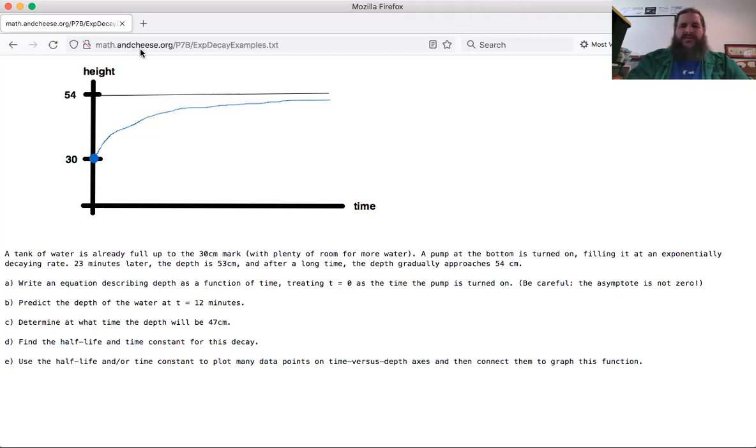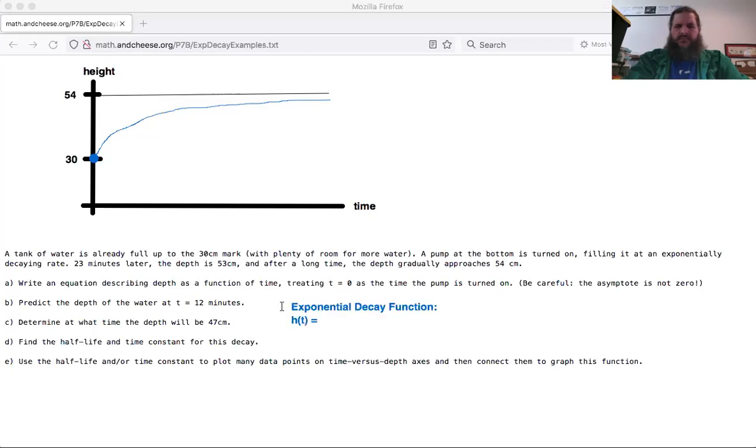What should we generally expect an exponential decay function to look like? First of all, what's the most basic, simple, foundational exponential decay function you can write?